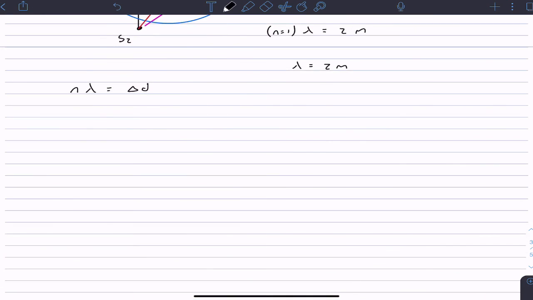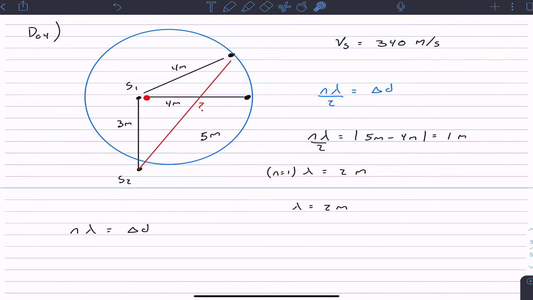So what we have originally, we had 4 meters here and we had 5 meters here, right? Let's put this back in black. Okay. So now we have 4 meters here and we have an unknown distance along the red line, right? So we have some source blasting, some source blasting.